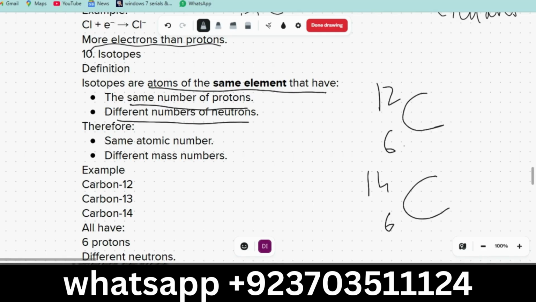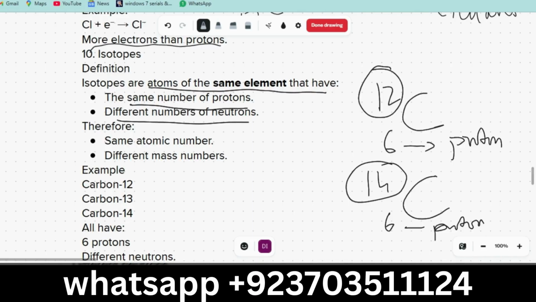Now you can see both have 6 protons. But due to the mass number, they have different numbers of neutrons. 12 minus 6 is 6 neutrons, and 14 minus 6 is 8 neutrons.